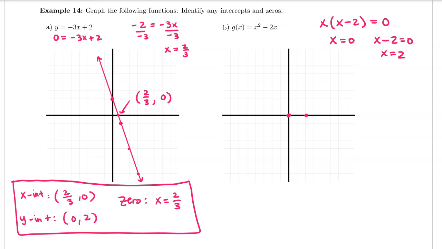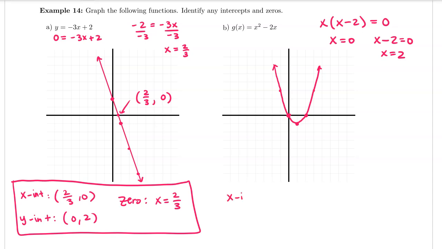I know that because my a value, or my leading coefficient, is 1, which is positive, this is an upward-facing parabola. I went ahead and plotted some ordered pairs that fall on the graph by plugging in values like 1, 3, and -1. So I got some ordered pairs and I connected the dots to create the graph of my parabola. Let's identify the intercepts now.